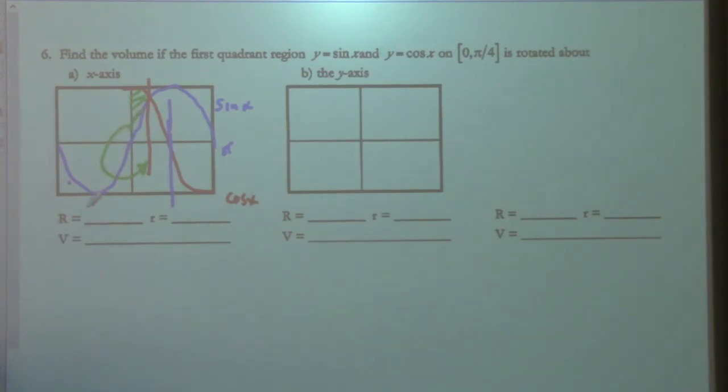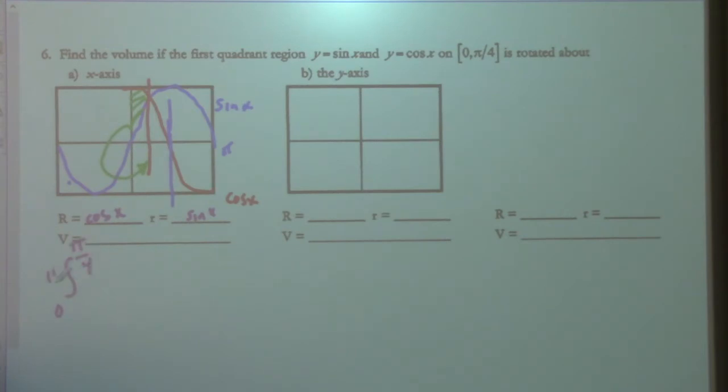So what's our big R going to be? Cosine x or sine x? What's our big R? The cosine, right? Looks like it's going to be right here. So we're going to call big R cosine x. And little r is going to be our sine x. And our volume is going to be integral from 0 to pi over 4.